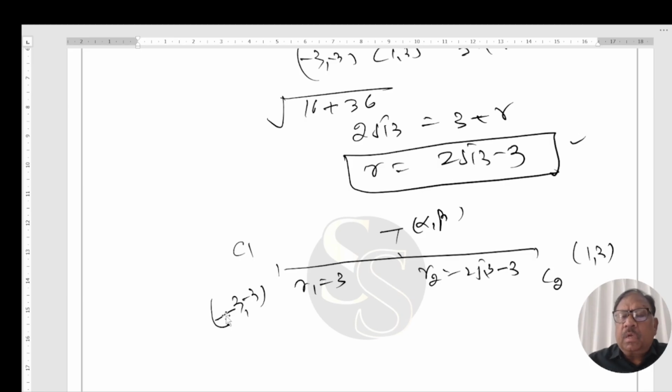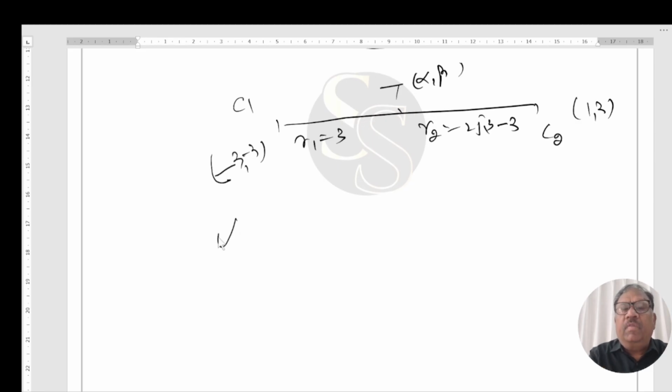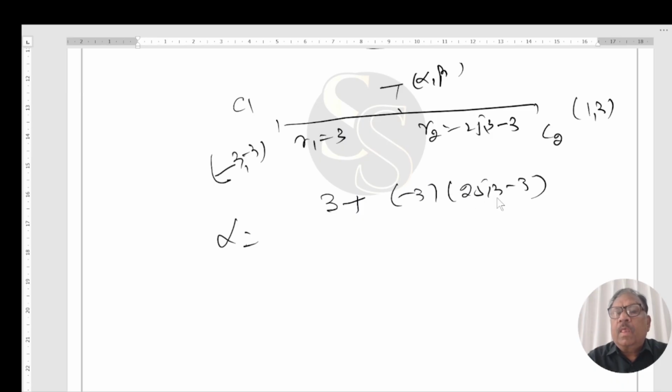Now let's make the calculation, applying the section formula. Alpha will be equal to this into this, 3 into 1, plus this into this, (2√13 minus 3) into (-3), divided by R1 plus R2, which is 2√13.